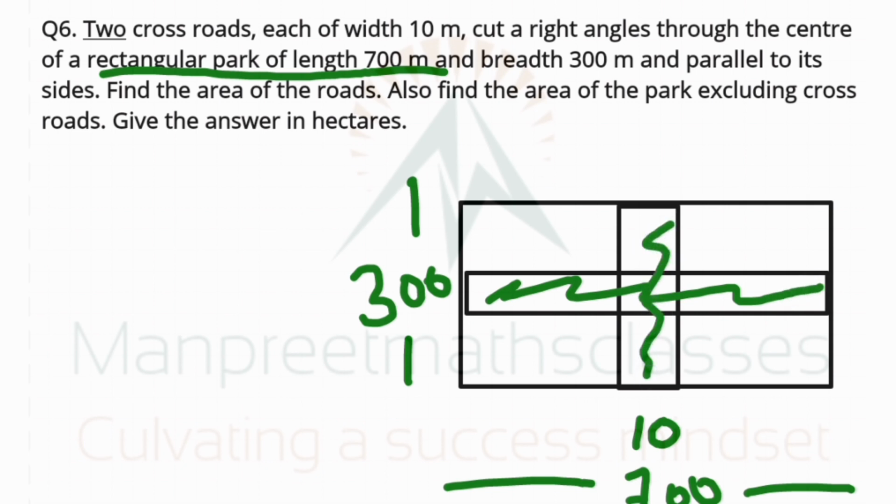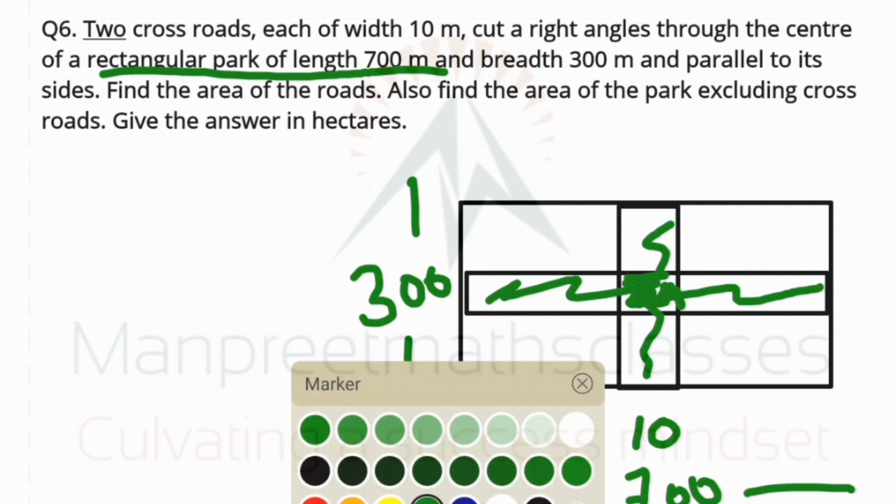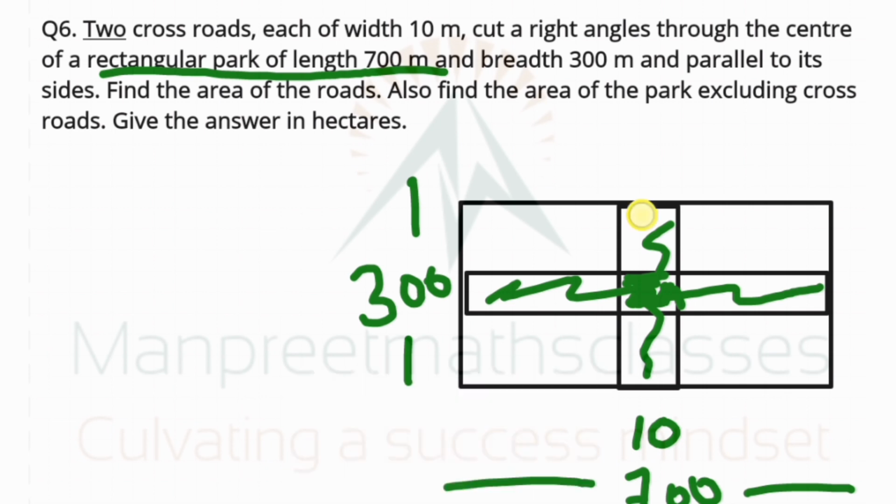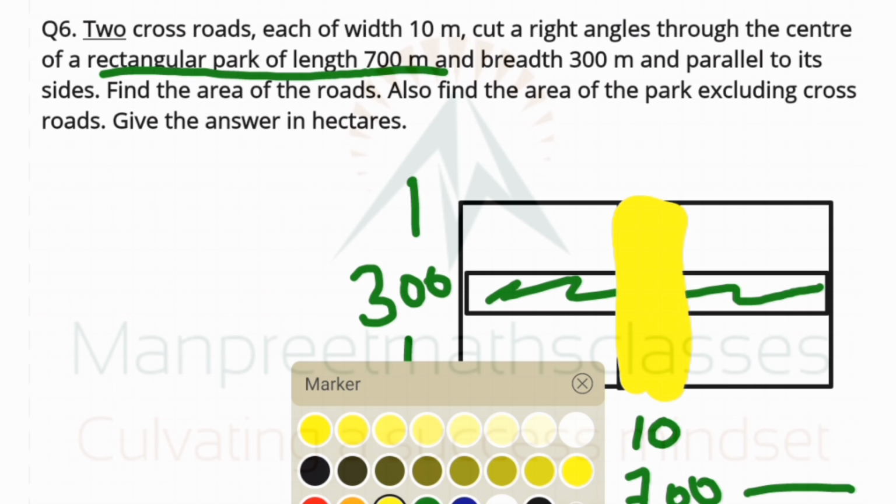Now see, when I am drawing, this one area is coming 2 times, this middle one area is coming 2 times. Now let's start, how you are going to find it. When we find the area of this one road, see, this is in the form of a rectangle.